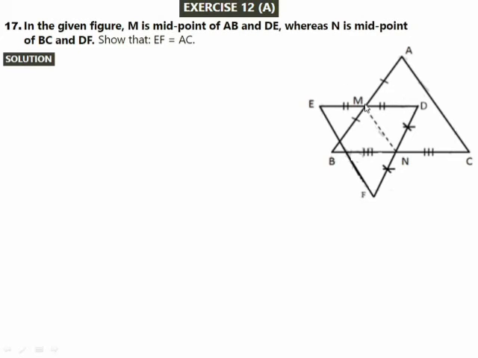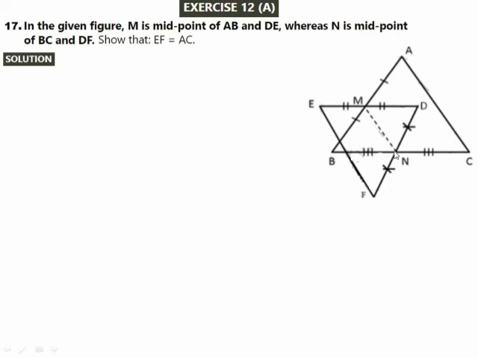That means BM and MA are equal, and M is the midpoint of DE means DM is equal to ME.